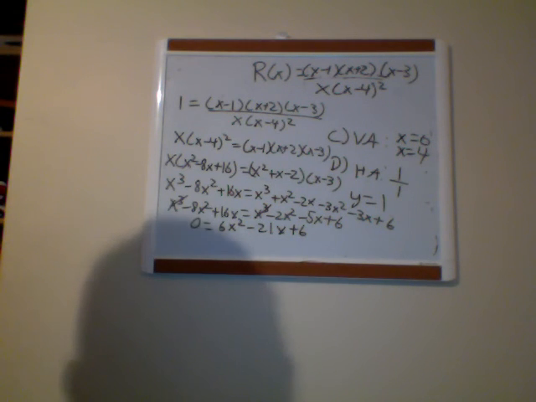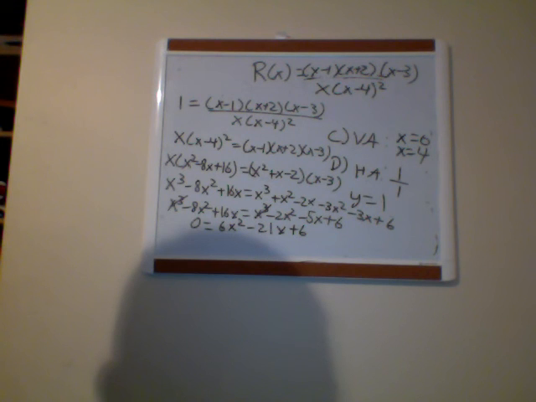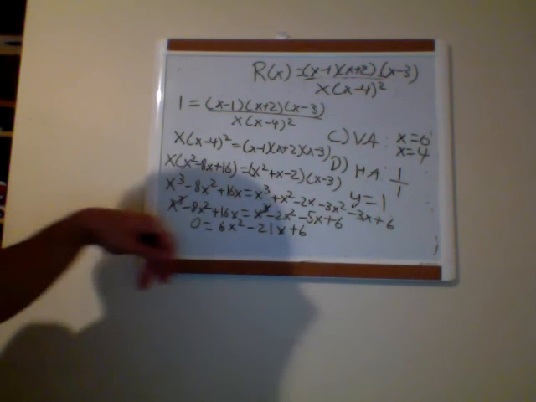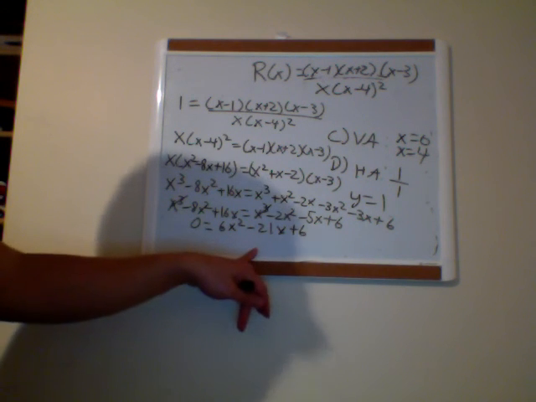Okay, and then can I factor this? I actually don't think I could factor this. So to find where it crosses the asymptote, I might actually have to use the quadratic formula. I think for the test, I'm not going to give you something as complicated as that.